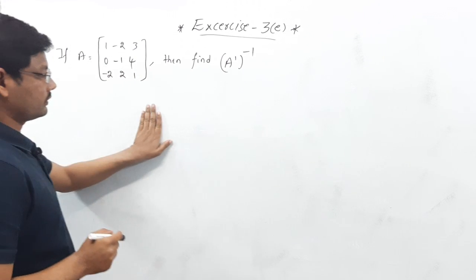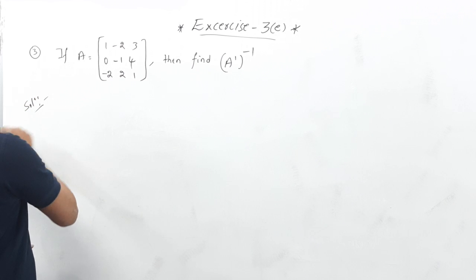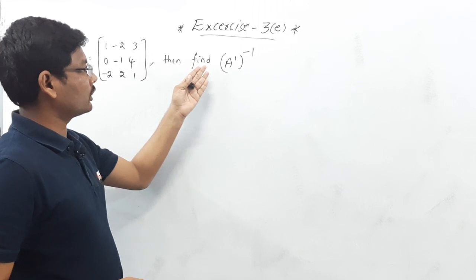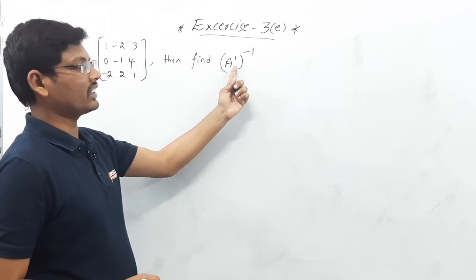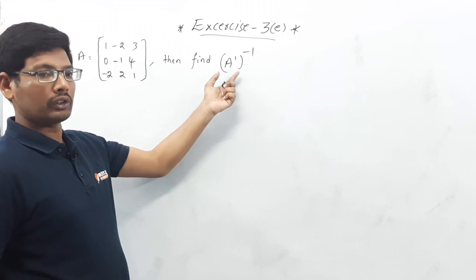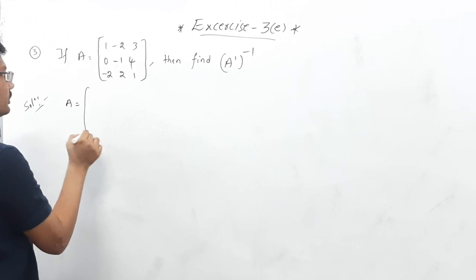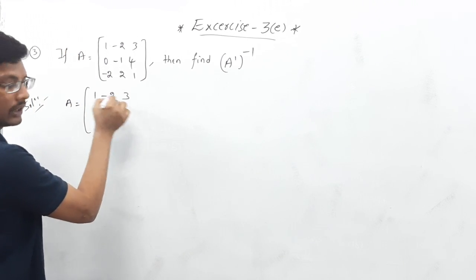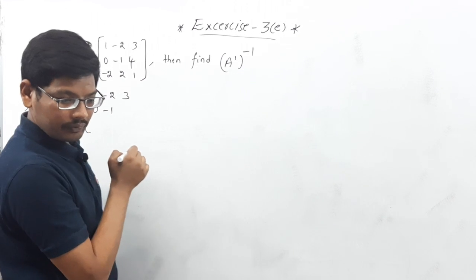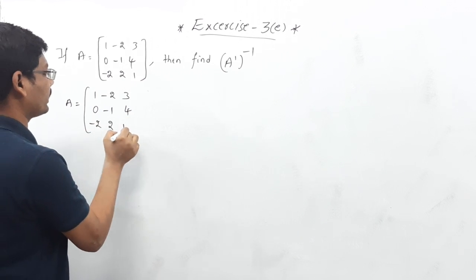Now the solution for this one: A is given as a 3 by 3 matrix, and he is asking to find A dash whole inverse. A dash is nothing but the transpose of the matrix, then for that transpose we need to find the inverse. First A is 1 minus 2 3, 0 minus 1 4, minus 2 2 1.